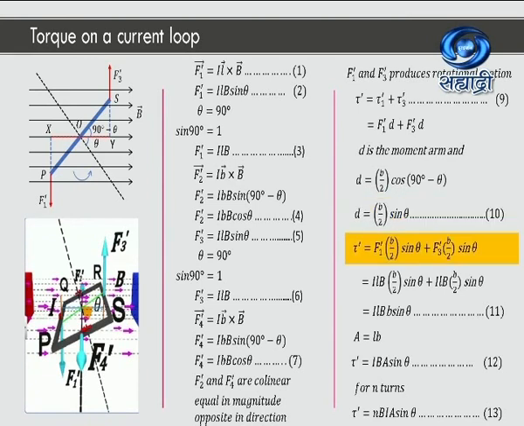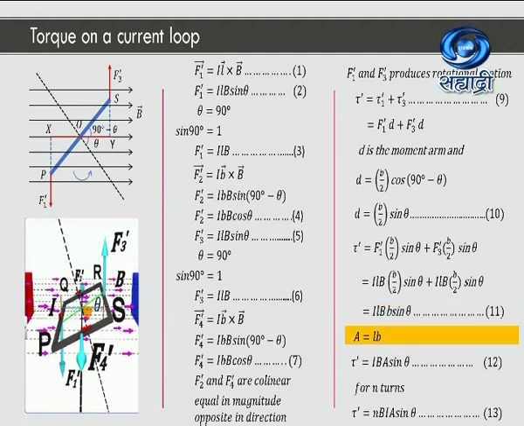Substituting D in the given equation, tau dash is equal to F1 dash B by 2 sin theta plus F3 dash B by 2 sin theta, which is equal to I L B, B by 2 sin theta plus I L B, B by 2 sin theta. Hence, we get I L B B sin theta.